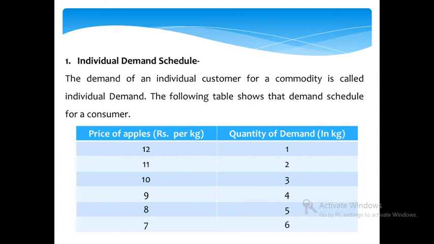At 12 rupees per kg price of apples, the quantity of demand is 1 kg. Price and quantity of demand, which are two variables, are inversely related to each other.